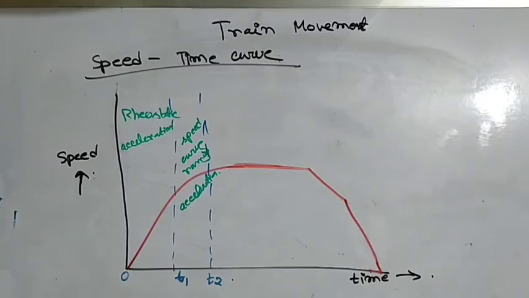Now three factors are responsible for the decrease in acceleration. First, the speed torque characteristic of a series motor is such that as speed increases, torque developed reduces. Second, as speed increases, train resistance increases very much, and this reduces the net tractive effort available for giving acceleration.